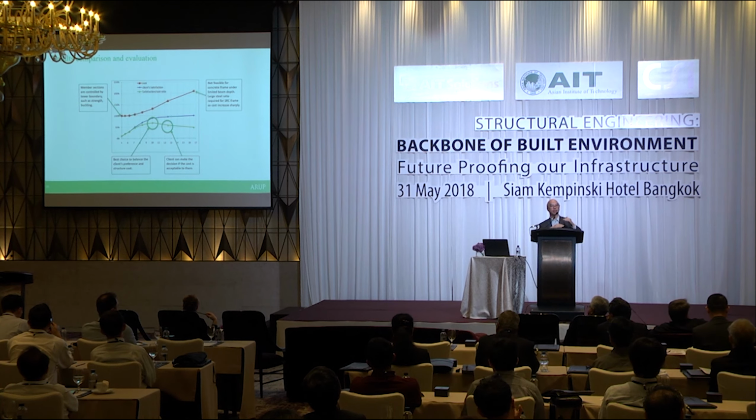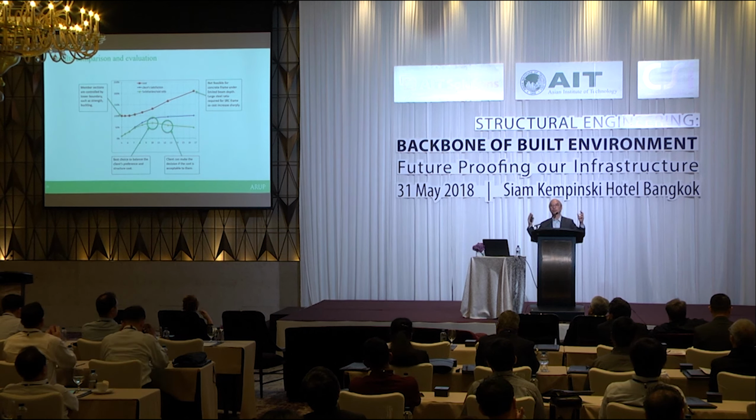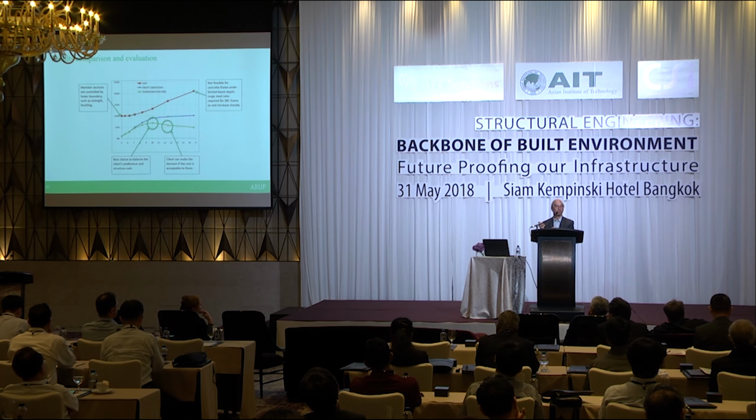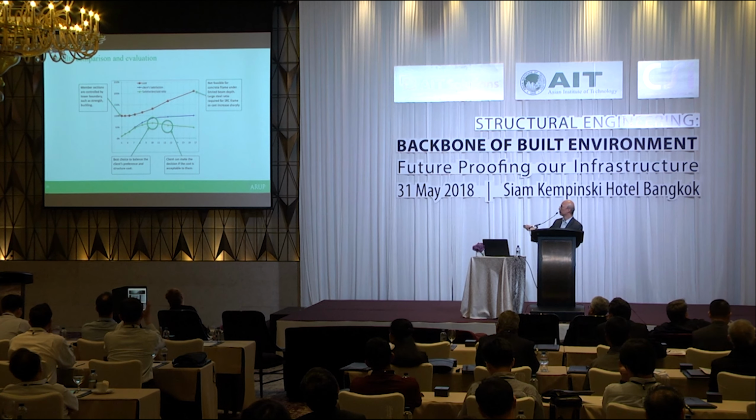Or the architect or the client says, now I want a bigger window, I need a longer but shallower beam. That means that the structural engineer needs to put more steel in it, and the cost will increase, right? Up to an extent where it doesn't make sense, 200%, right?